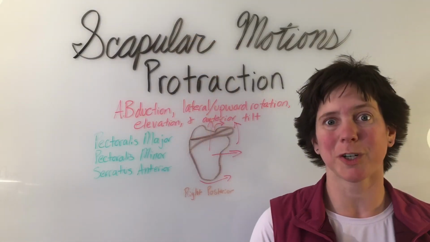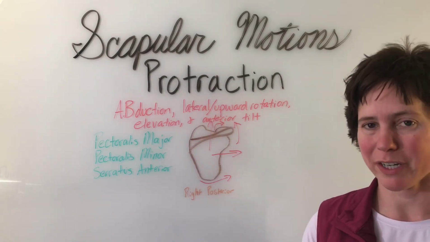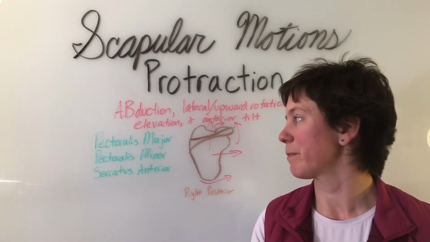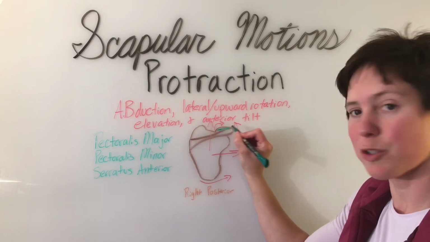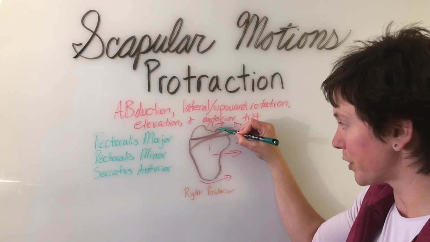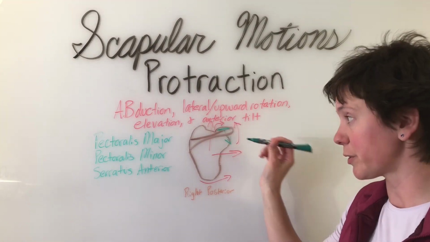The muscles involved in scapular protraction are pectoralis major and minor and serratus anterior. So pectoralis minor attaches to the coracoid process and will pull in an inferior direction to cause that anterior tilt.